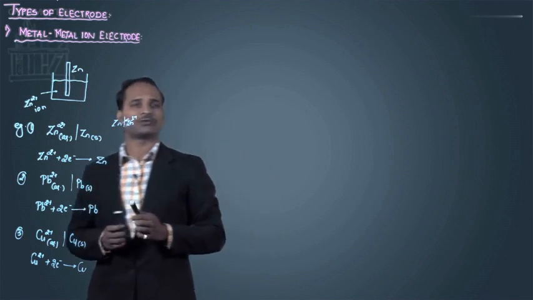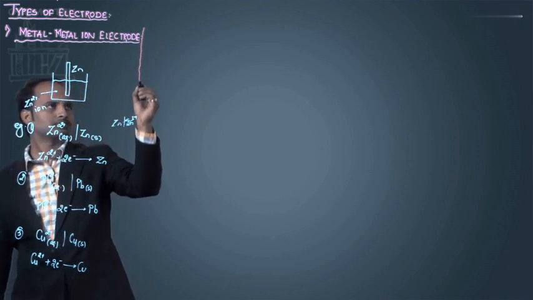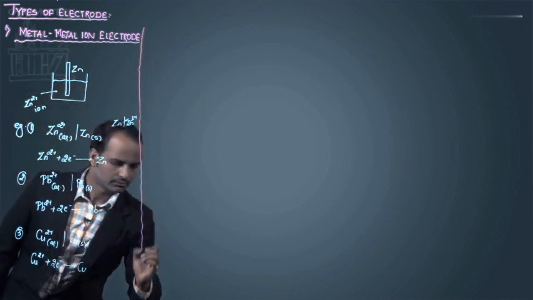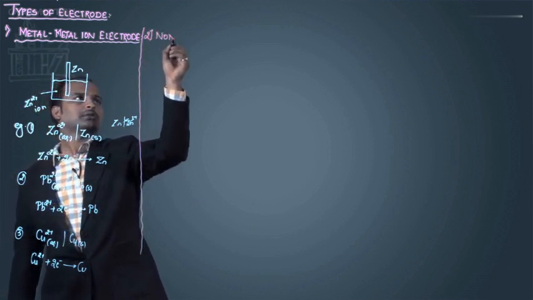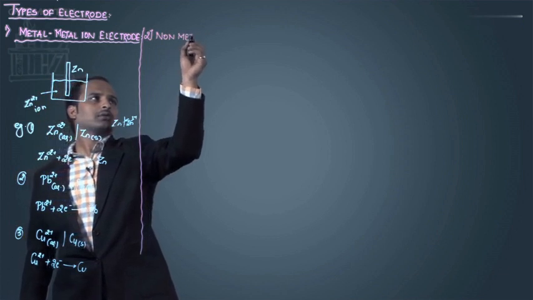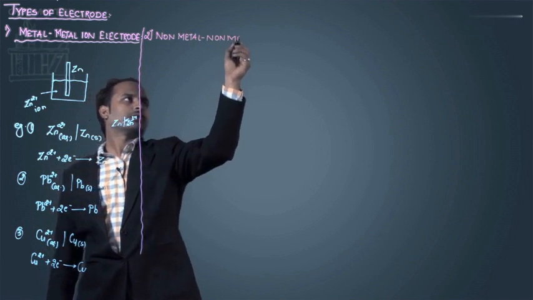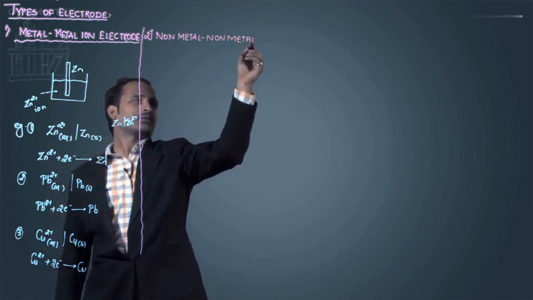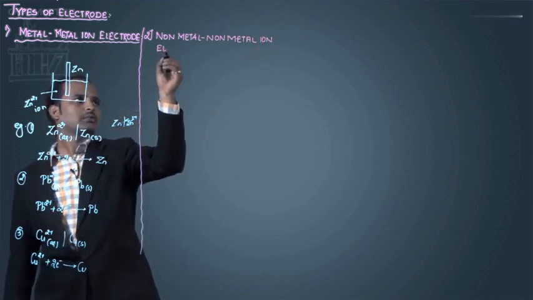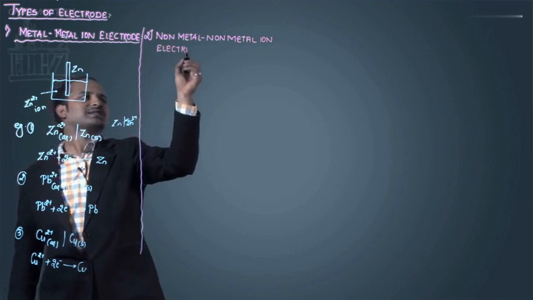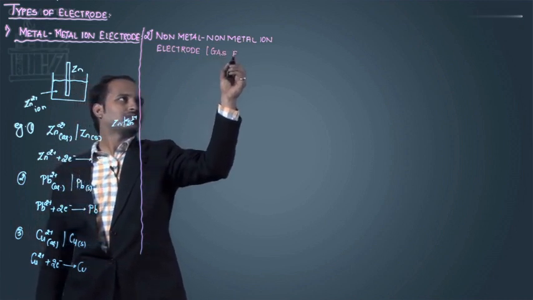Now let's see the second type of electrode. The second type, non-metal ion electrode, which is also known as a gaseous electrode or gas electrode.